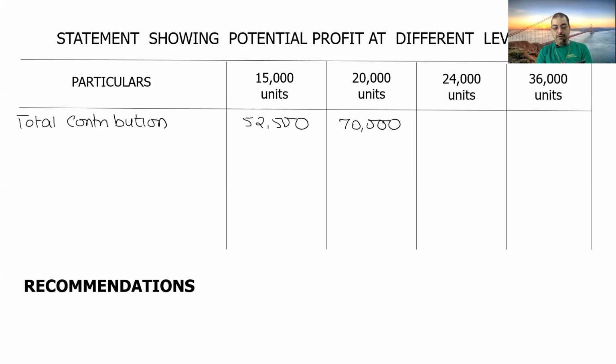So 2.5 into 24,000 is 60,000, and 2.5 into 36,000 is 90,000.